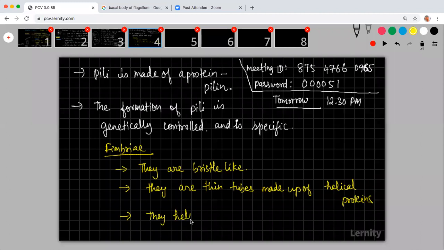They help in attachment. Listen here, there are two types of structures which are helpful in attachment. One group we call pili, and the other one we call Fimbriae.